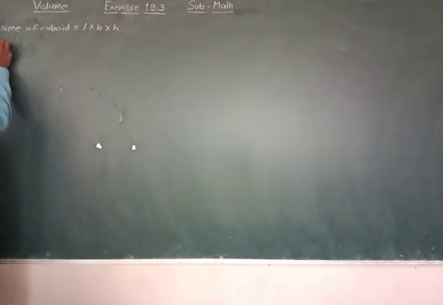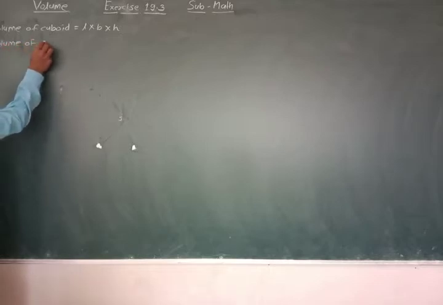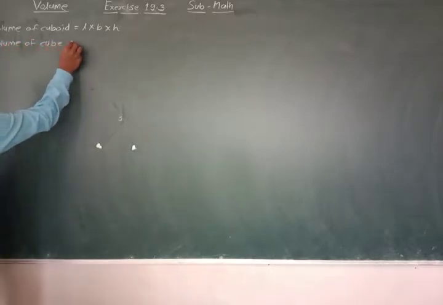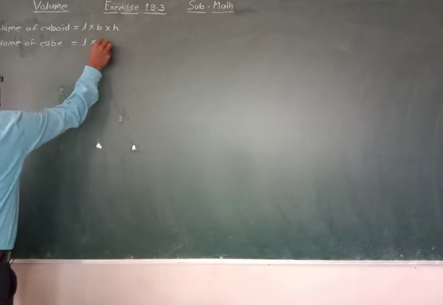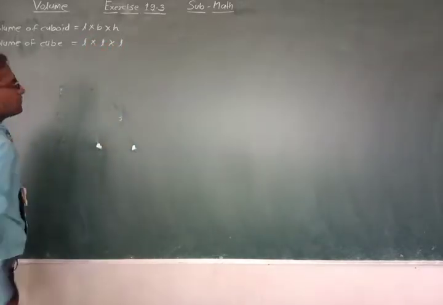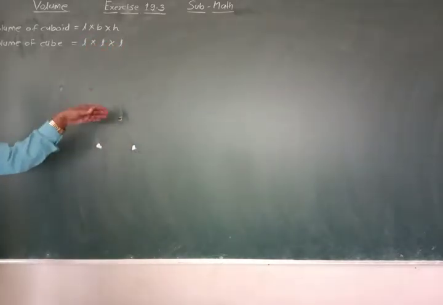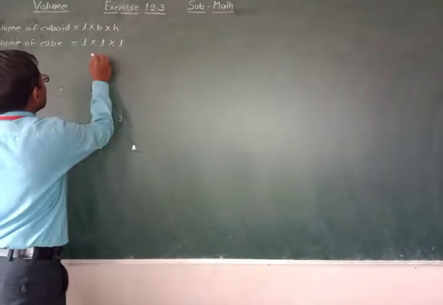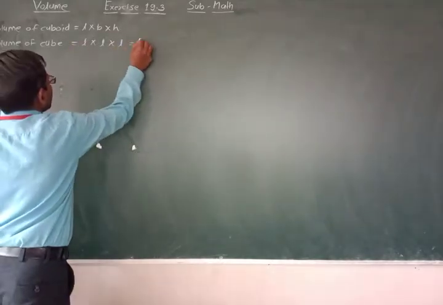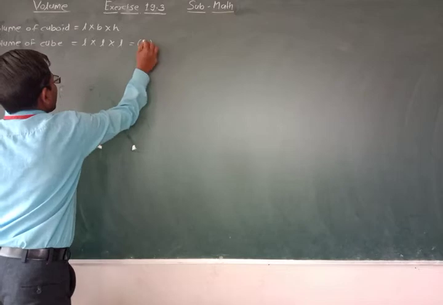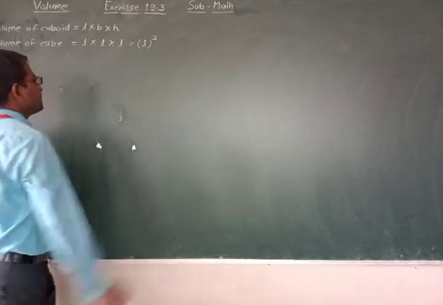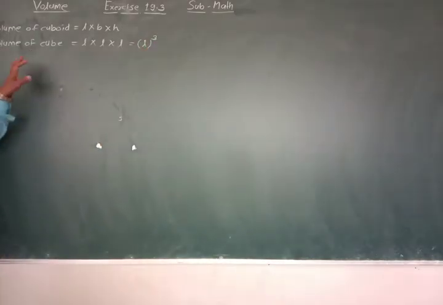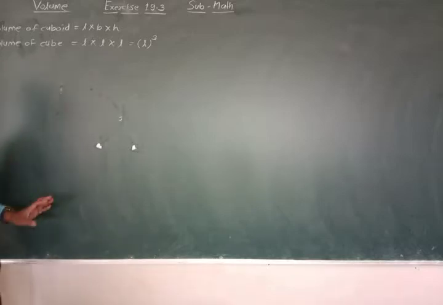Then volume of cube is equal to L multiplied by L multiplied by L, or length multiplied by length multiplied by length, or in brackets you write L cube. With these two formulas you find the volume of cube or cuboid.